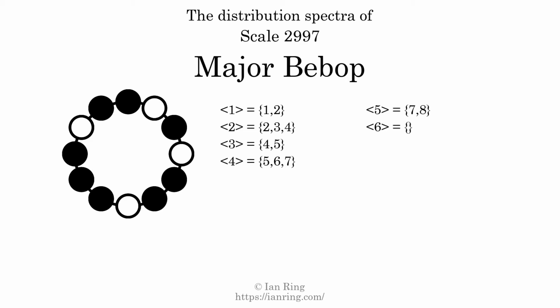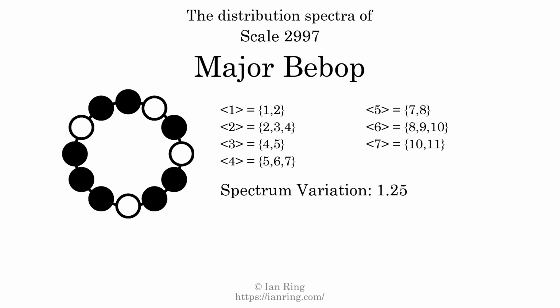The generic interval of 6 scale steps comes in 3 different specific interval sizes, 8 semitones, 9 semitones, and 10 semitones. The spectrum width of this generic interval is 2. And finally, the generic interval of 7 scale steps comes in two different specific interval sizes, 10 semitones and 11 semitones. The spectrum width of this generic interval is 1.